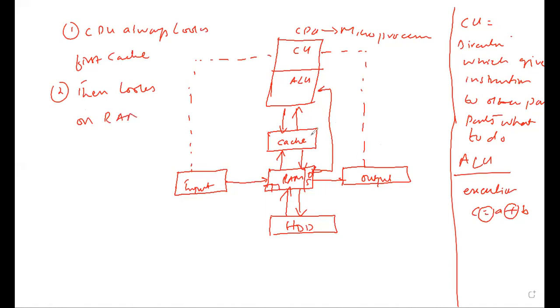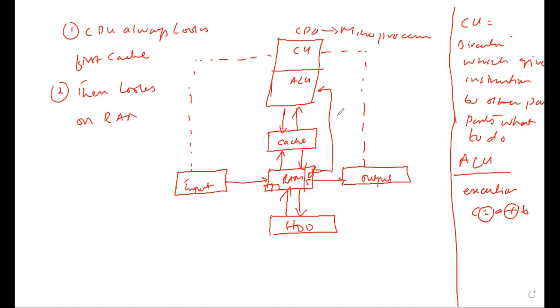If no instruction is found in cache memory, then it will check RAM and take the instruction from there for processing. ALU can also connect directly with RAM, so it can bypass the cache memory, because if there is no instruction in cache, it will check in RAM. The CPU gives instructions to all component parts to synchronize the operation.